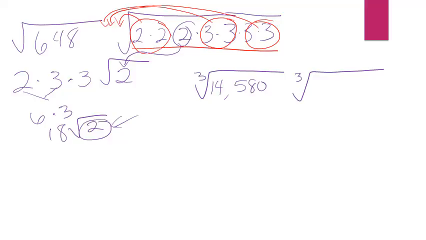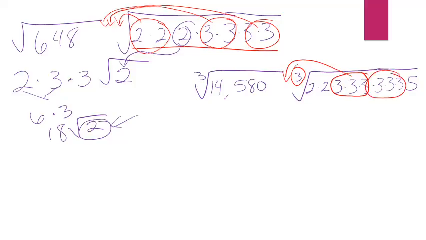We end up with 2 times 2 times 3 times 3 times 3 and then a 5 on the end. Okay, so because this is a cubed root, we look for groups of 3. There's a group of 3 that can come out.